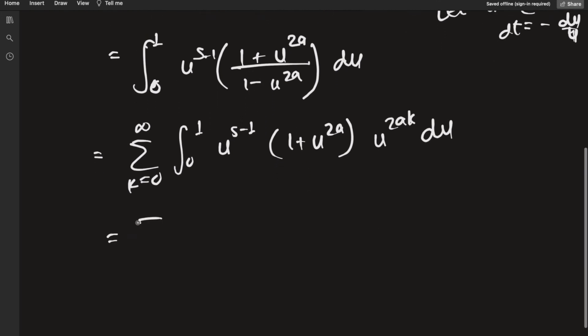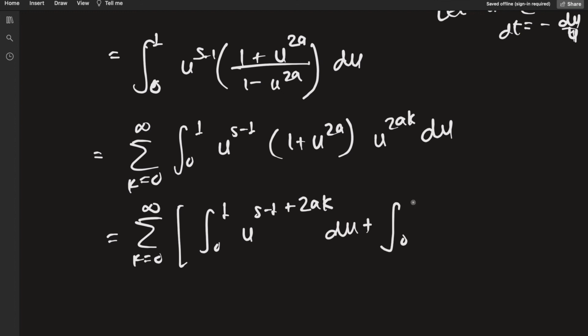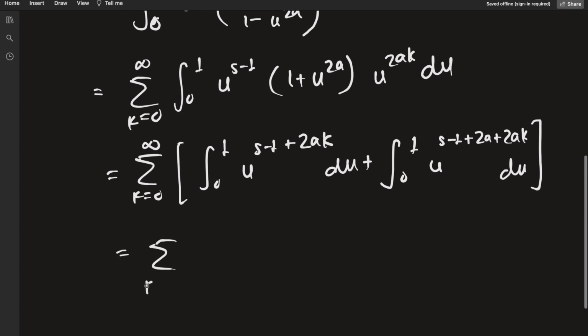Split this entirely into two integrals by linearity. The integral of u raised to s minus 1 plus 2ak, plus the integral of u raised to s minus 1 plus 2a plus 2ak du. Well, the first one turns out to be 1 over s plus 2ak plus 1 over s plus 2a times k plus 1.